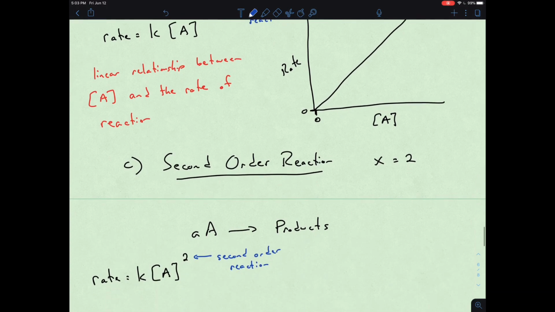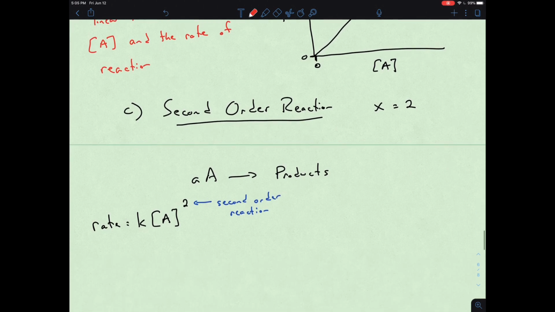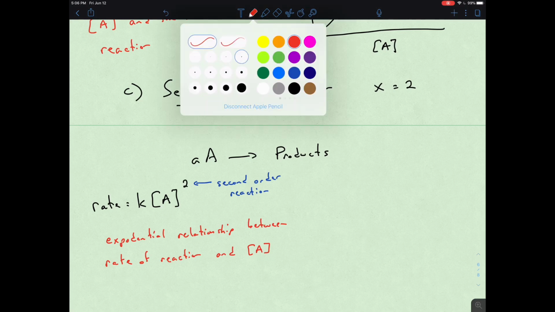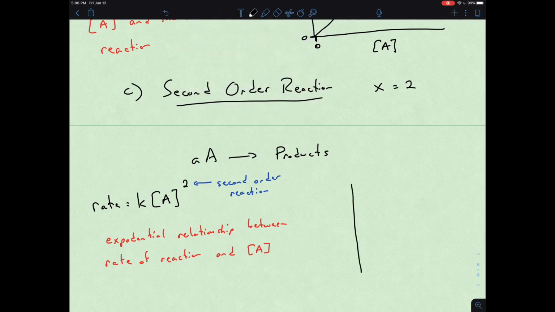And so here we have now an exponential relationship between the rates of reaction and our concentration of A. So now we just find even more of a dependence with a second order type process.